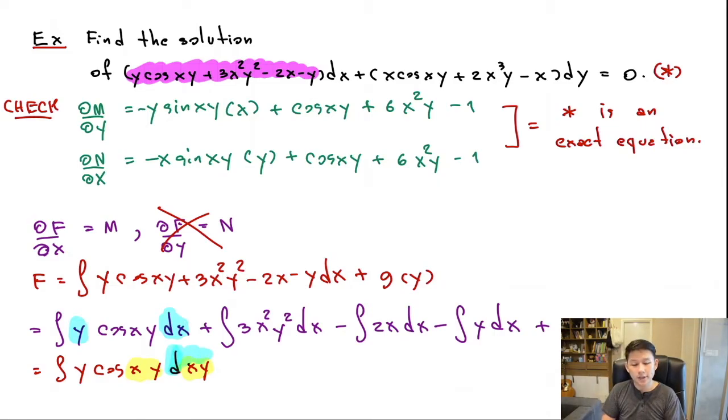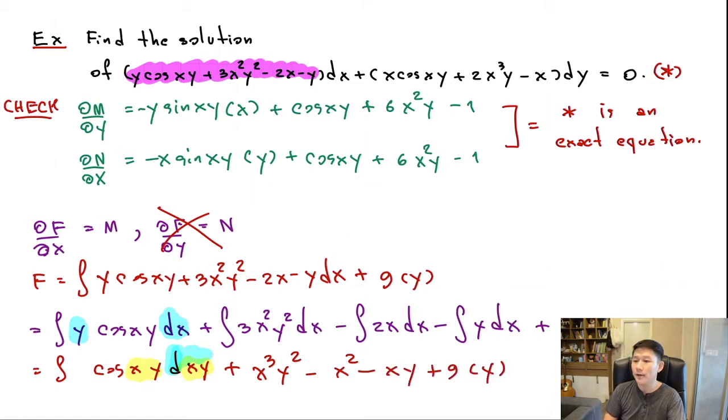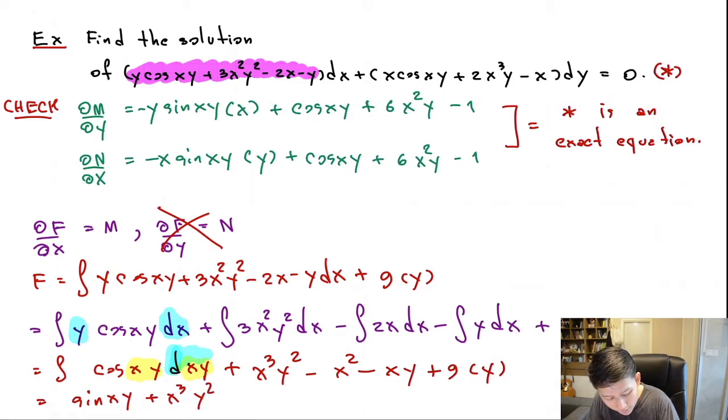Make sense? So we don't have y here anymore. Plus this guy integrated by x is x cubed y squared minus x squared minus xy plus g of y. Okay? And then I integrate this guy. The integration, of course, is sine, right? It's sine xy plus x cubed y squared minus x squared minus xy plus g of y.